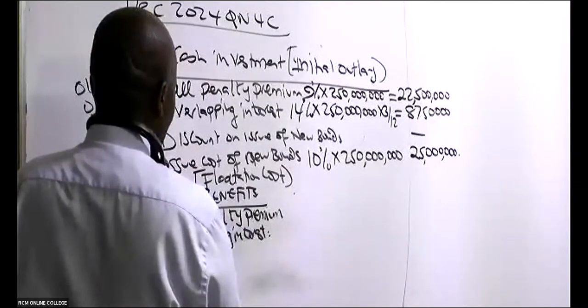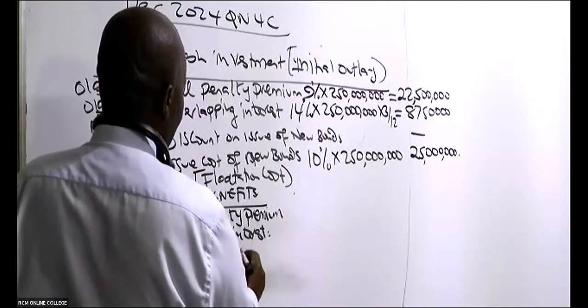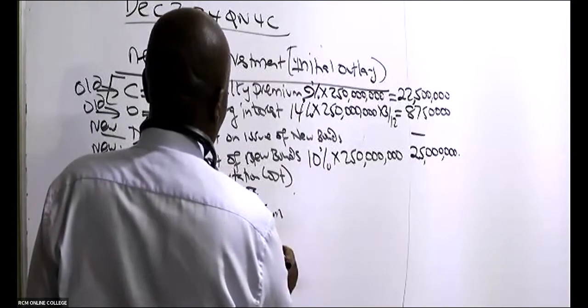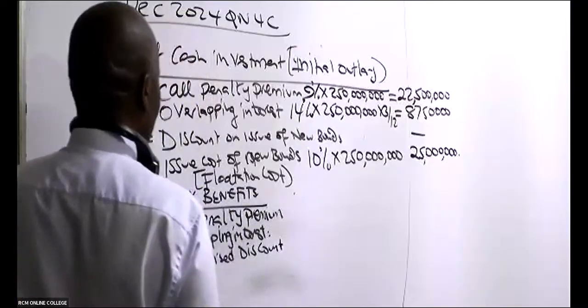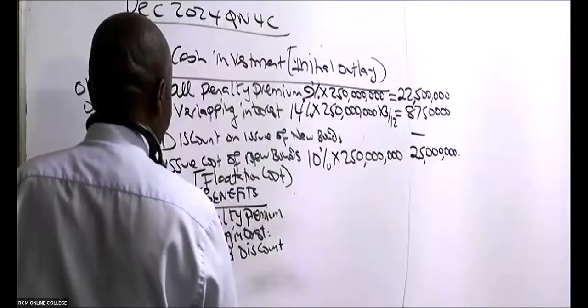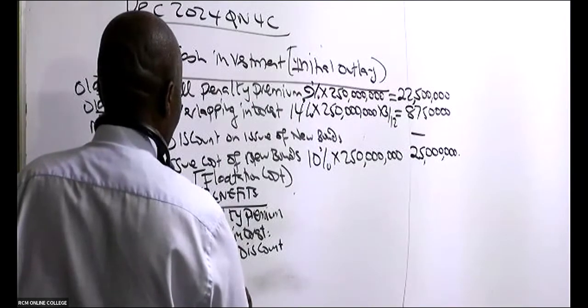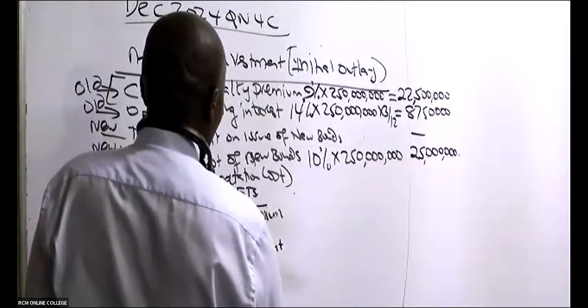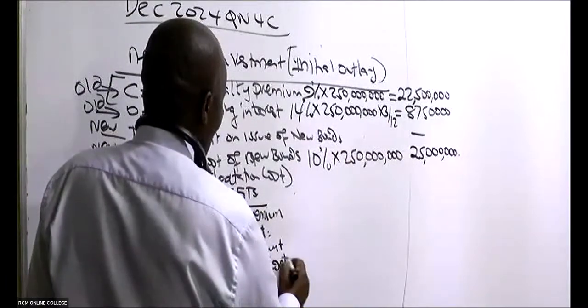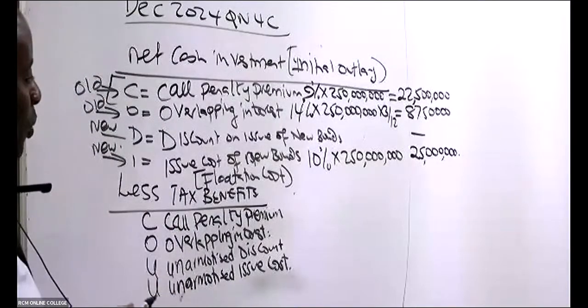And then we have unamortized discount. Then we have unamortized issue costs. COU for KRA. You make that bad sound to them.